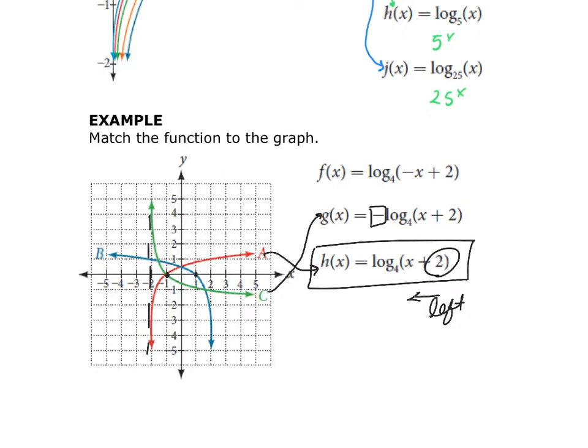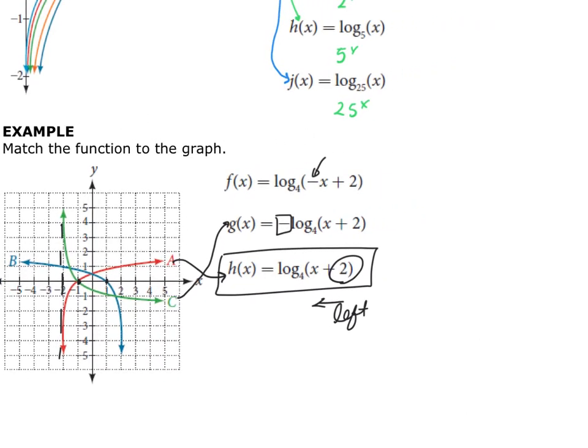The last one I have to look at, and that's the one I said to be careful about, is this. It is not in the right form. The form that we want is f of x equals a log base b of b(x minus c) plus d. The importance is that the coefficient on the x is 1.